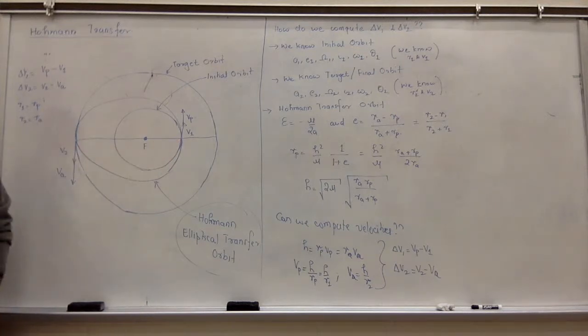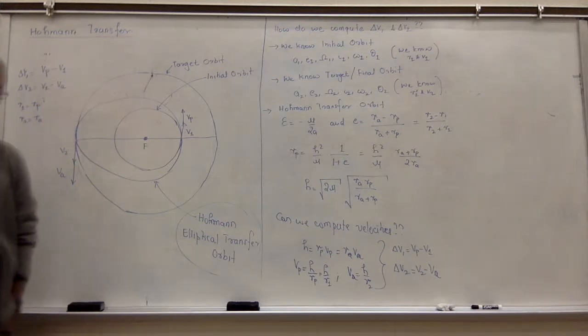I don't see how it's going to be different. R is going to be the same. It depends on RA, RP, and V1. I think they'll be the same, because they're the same distance from the focus point.